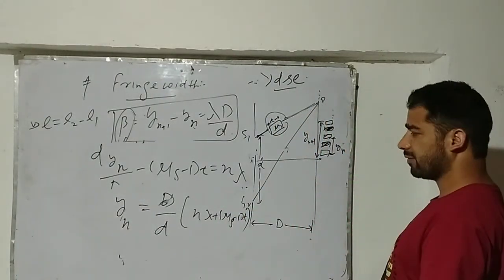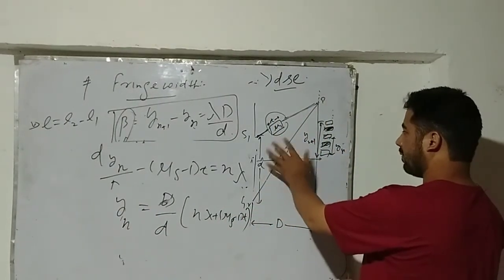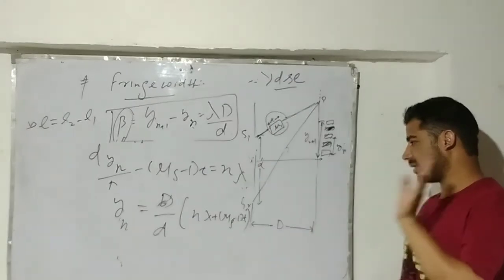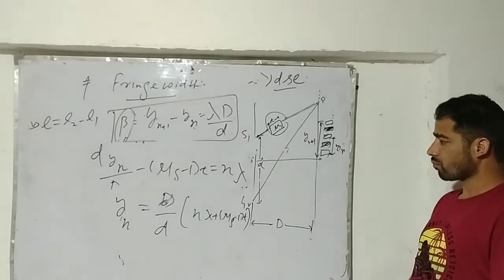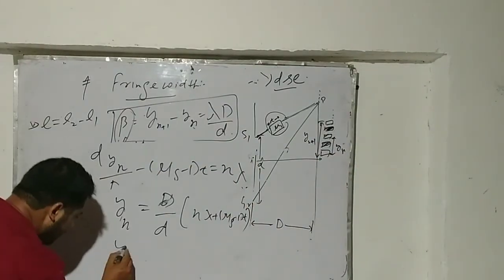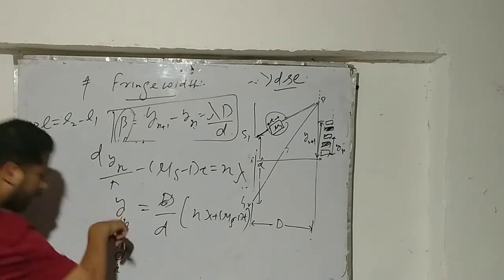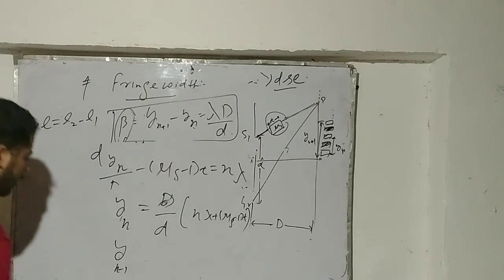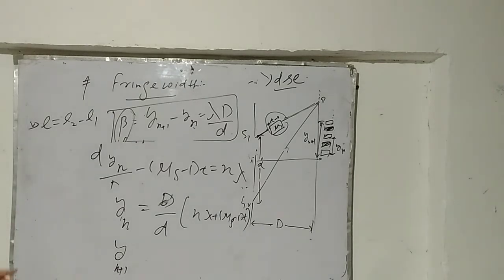This is different from the case when there is no slab in front of any of the slits. Now if I want the position of another successive bright fringe, that's n plus 1 or n minus 1, it really doesn't matter, because the two fringes should be consecutive anyway.